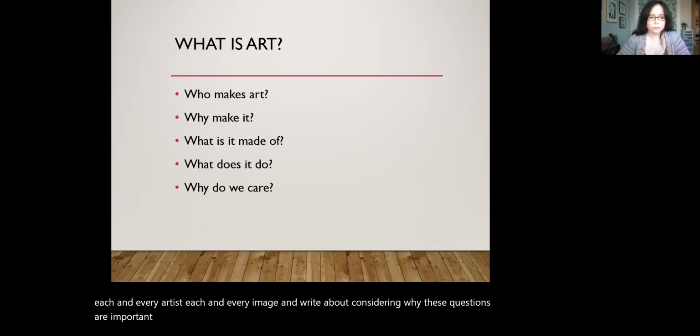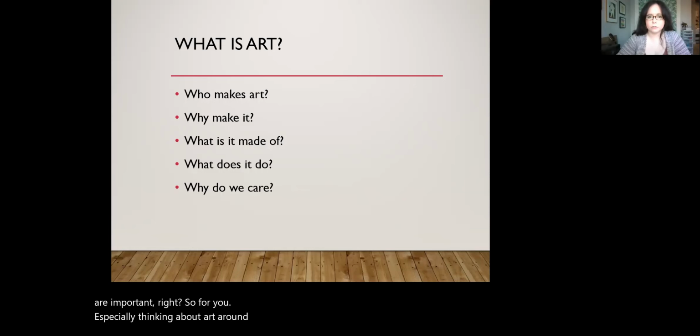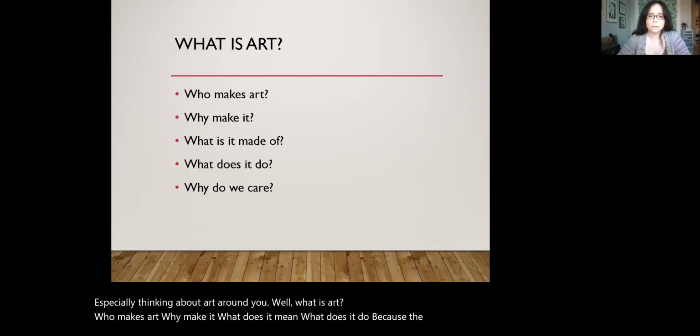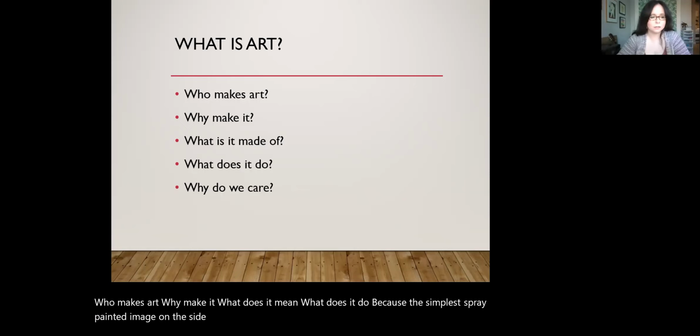So for you, especially if thinking about art around you, well, what is art? Who makes art? Why make it? What is it made of? What does it do? Because the simplest spray painted image on the side of a building can be art, right?